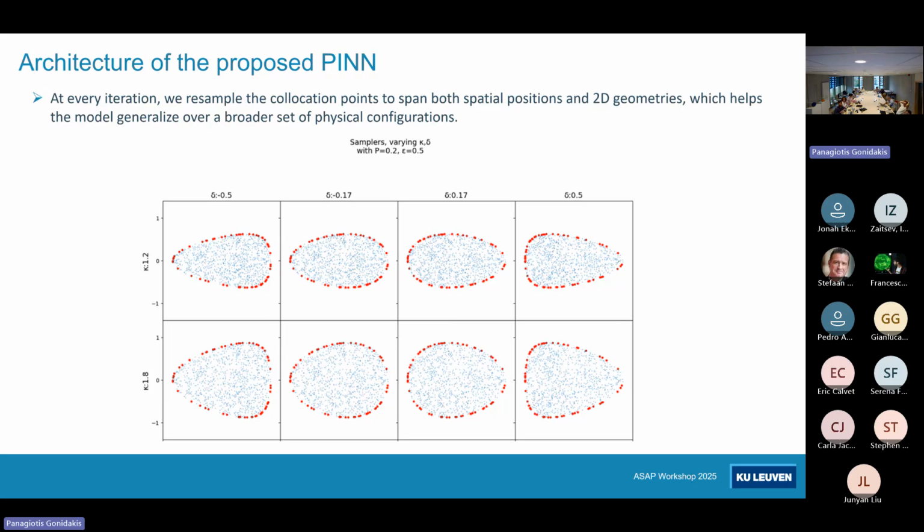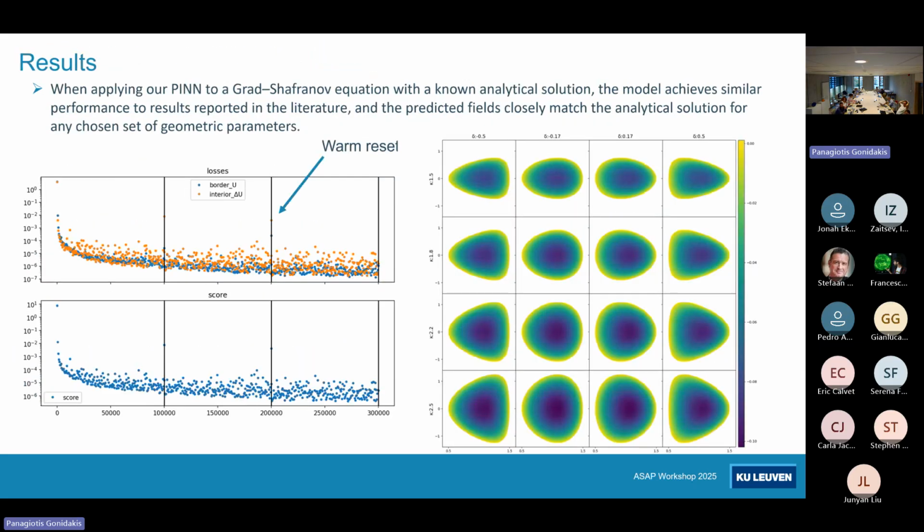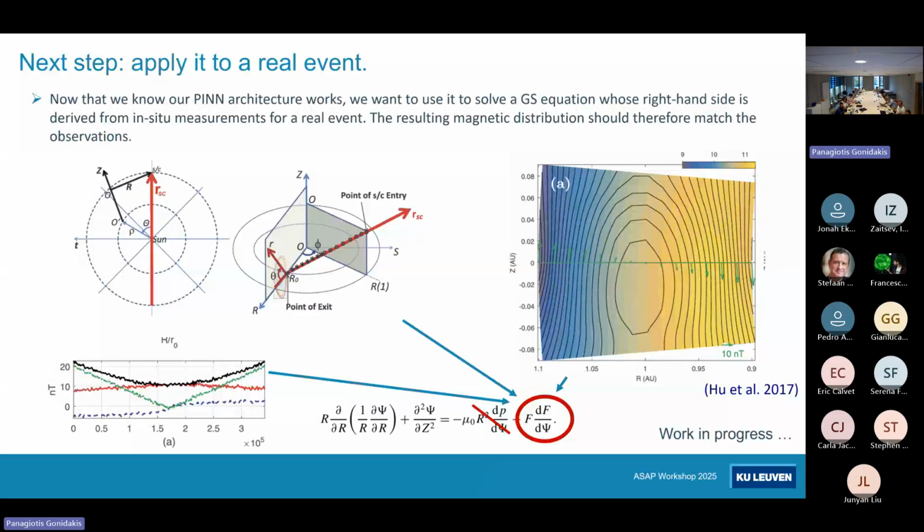Operationally, let's say. Yeah. Okay, so once you have this solution, so you have the flux, you can derive the flux to get the magnetic field. BR is the derivative of the flux by Z, and B theta is the derivative by R. So you can find the magnetic field using the flux.